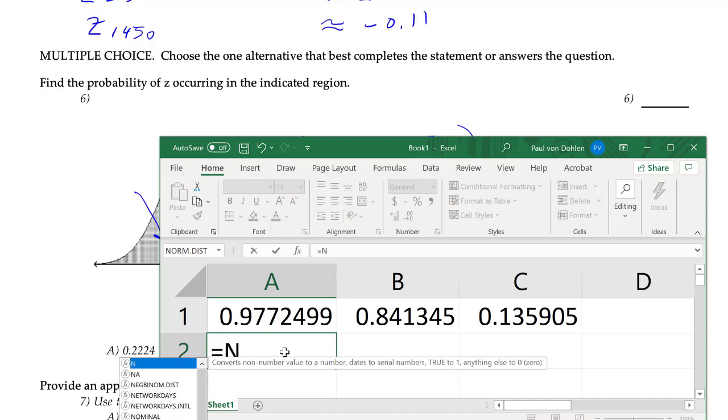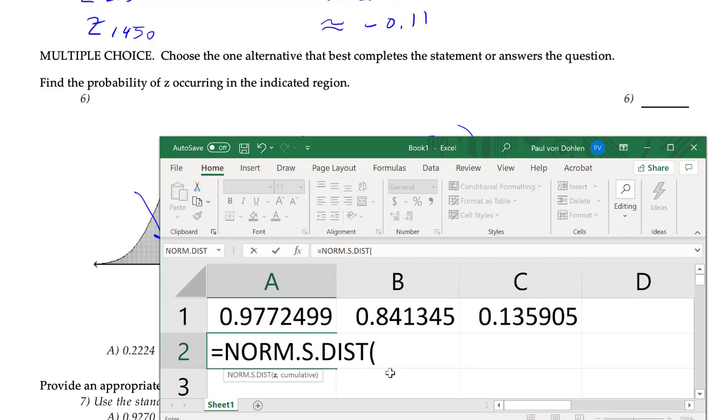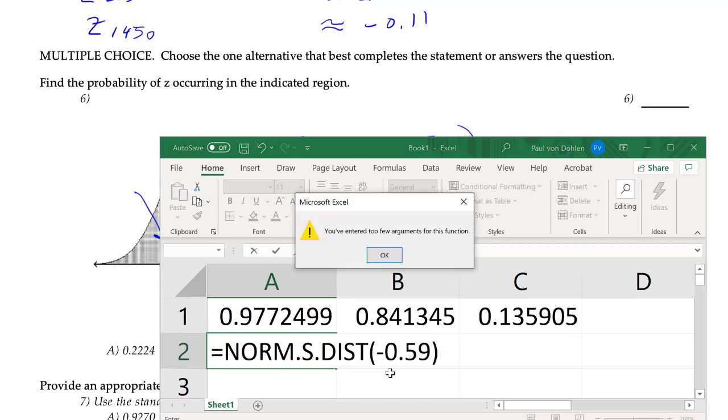So NORM.S.DIST of negative 0.59, and I forgot the TRUE again.